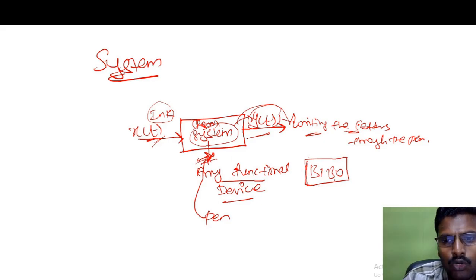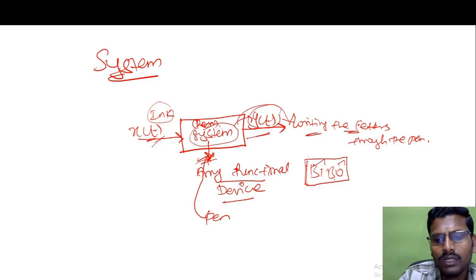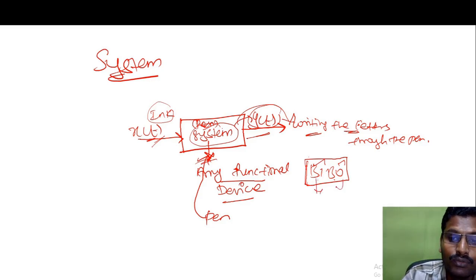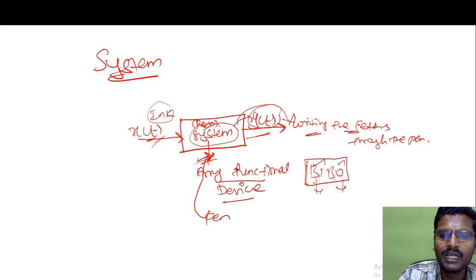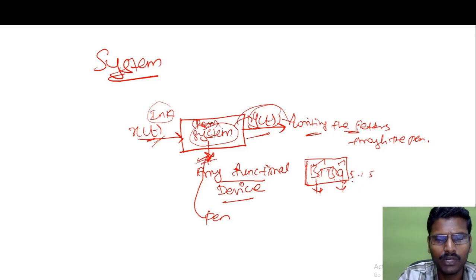Bounded input and bounded output means the system will have a predefined input and predefined output, right? We will have a few other systems which will have bounded input but different output, right? We cannot define the outputs. For example, bounded input means we will have 5 inputs, and bounded output means we will have 5 outputs, or 10 inputs and 10 outputs, for example.